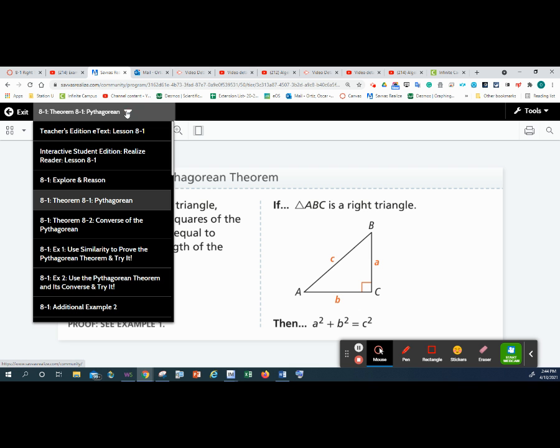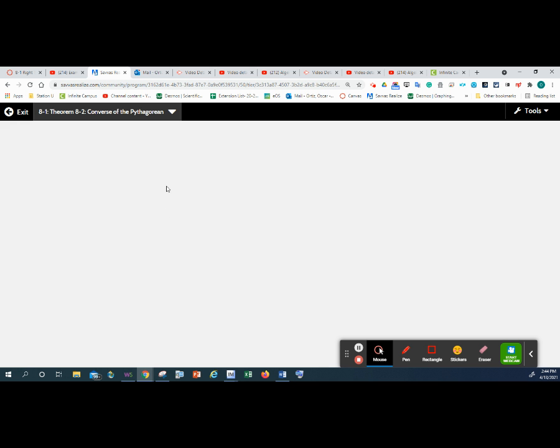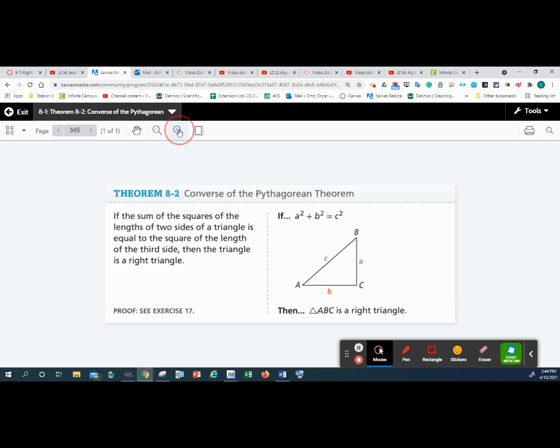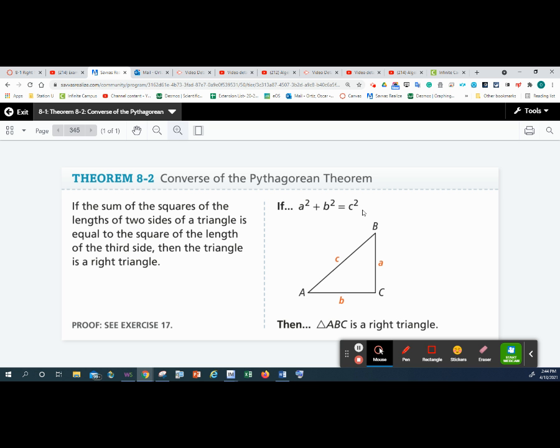So if you have any three numbers for which the sum of the squares of two of them equals the square of the third, then you can always count on those three lengths forming a right triangle, with C being the length of the hypotenuse, and A and B the lengths of the legs, or the sides making the right angle.